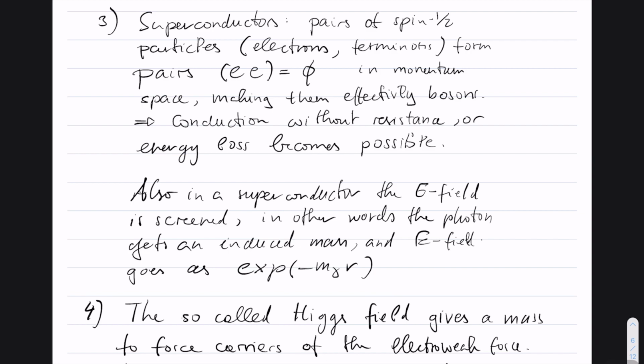And this, in fact, if you work it out in the full QFT picture of this interaction, gives us conduction that happens without resistance or energy loss while they communicate in their momentum space and can basically create a current without any friction and energy loss.